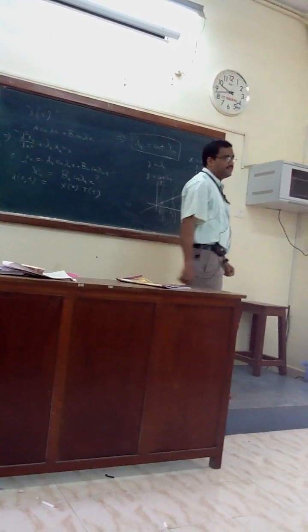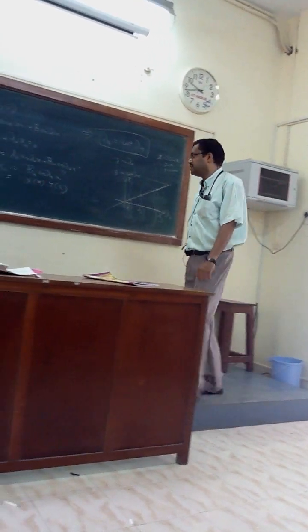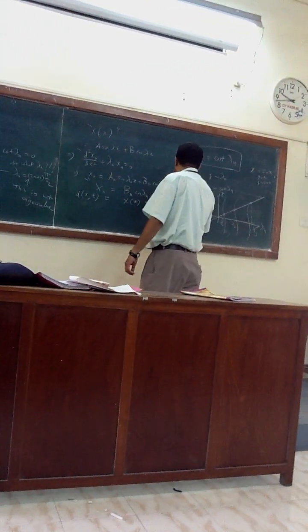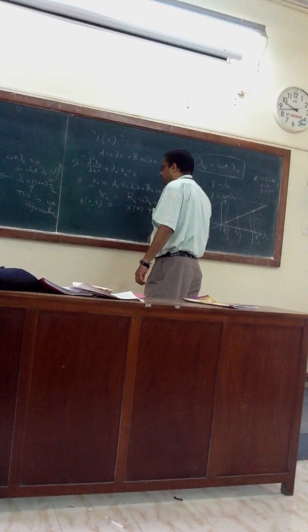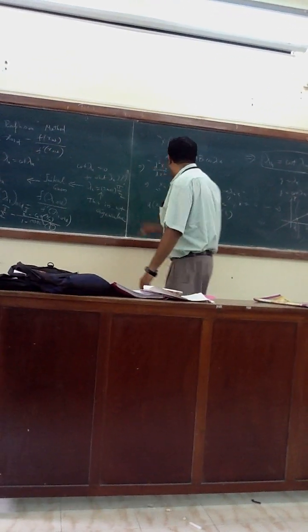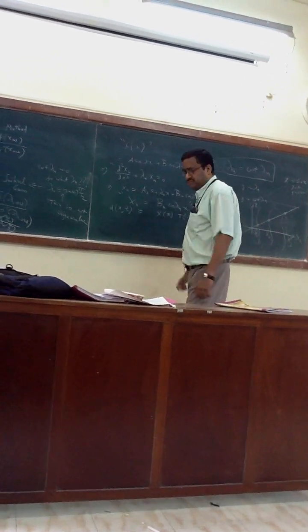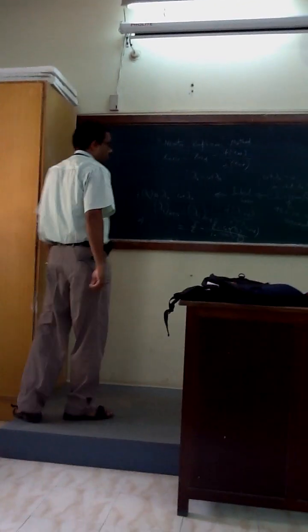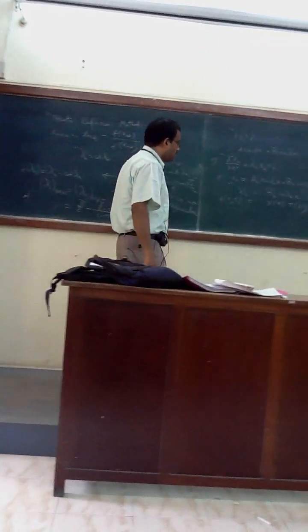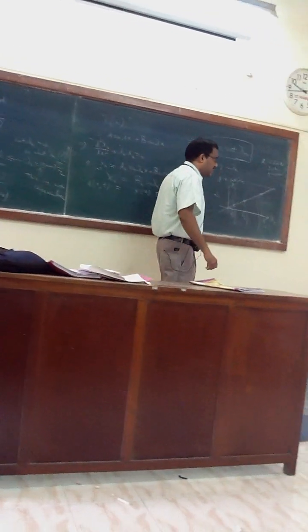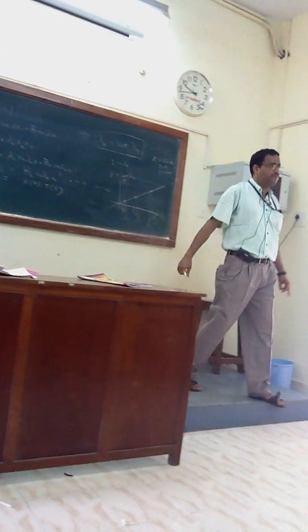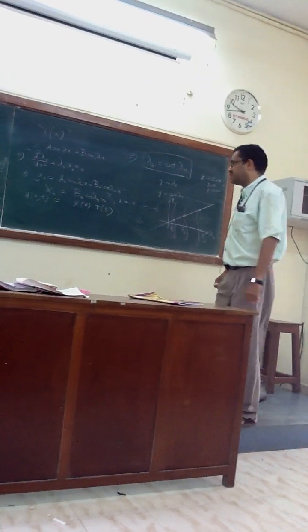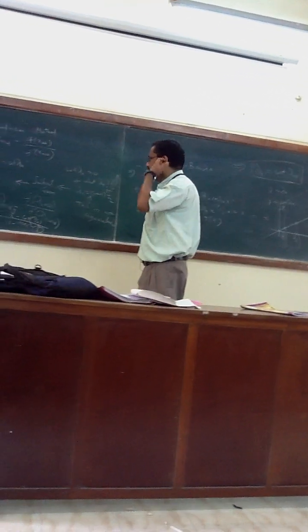Infinite. N equals 1 to infinity, or you can say 0 to infinity. So there are infinite eigenfunctions, right? That means this X can be written as a linear combination of infinite eigenfunctions.